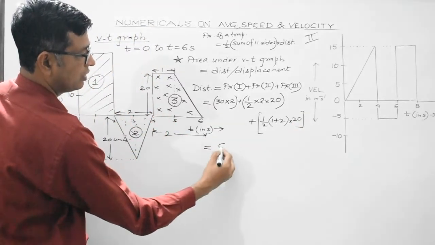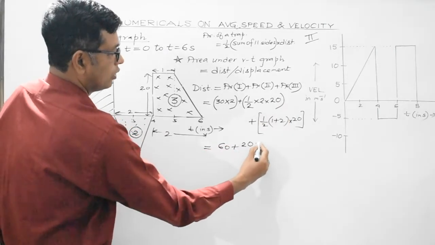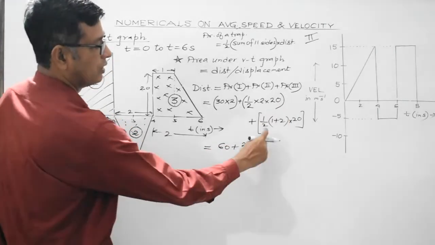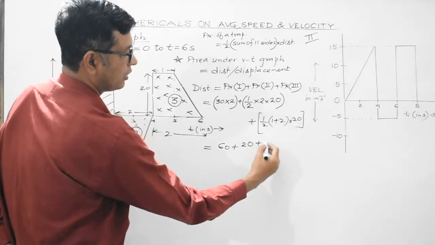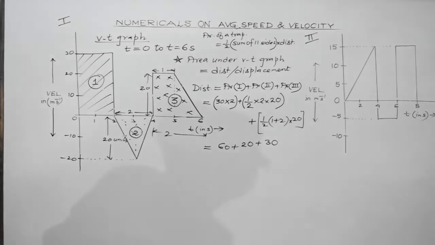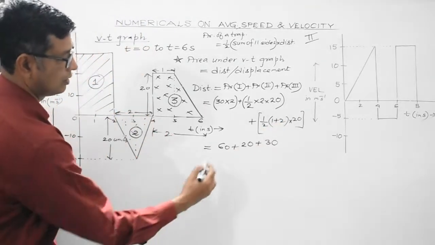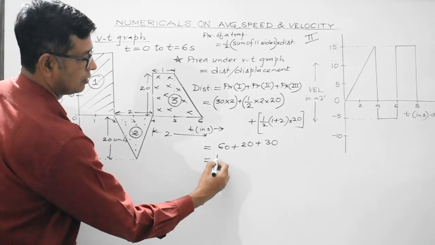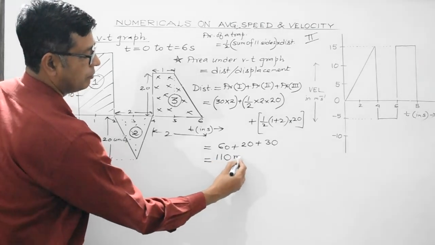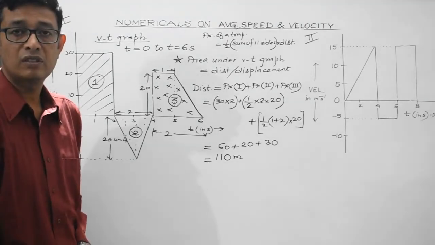It will give us 60, plus 2 gets cancelled, it will give us 20, and here 10 into 3 will give us 30. Is it clear? So what we get is 110 meters. Have I made myself clear, students?